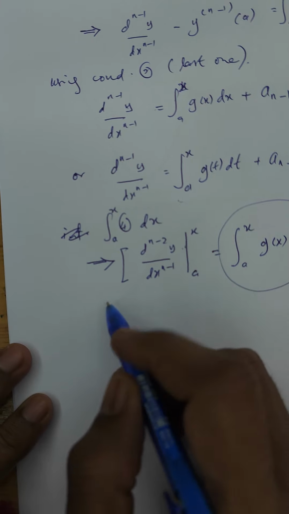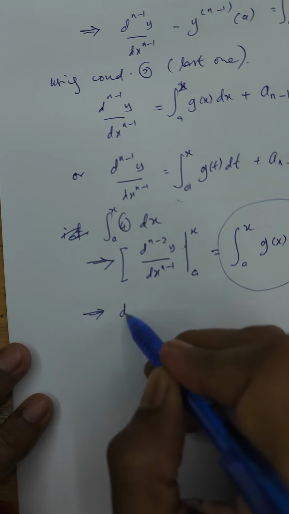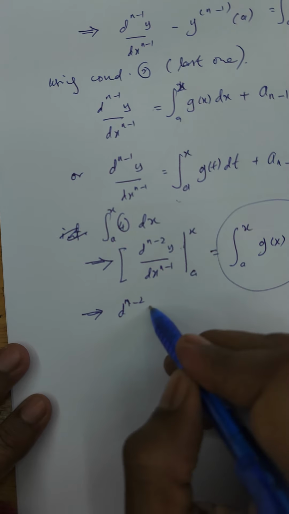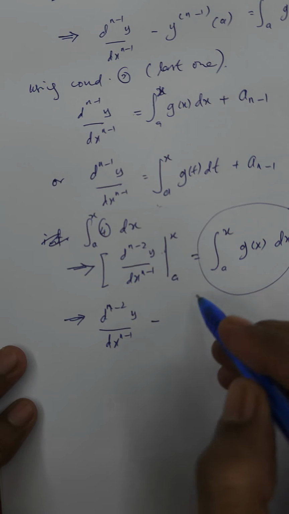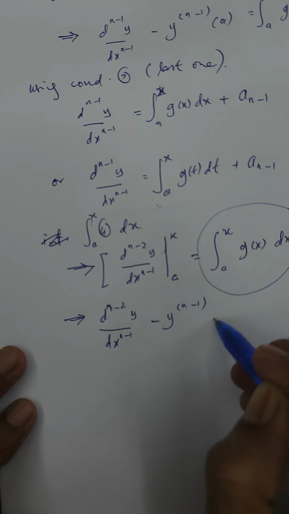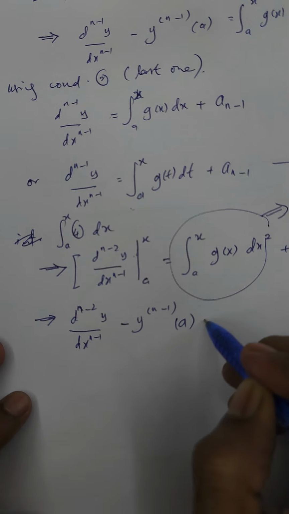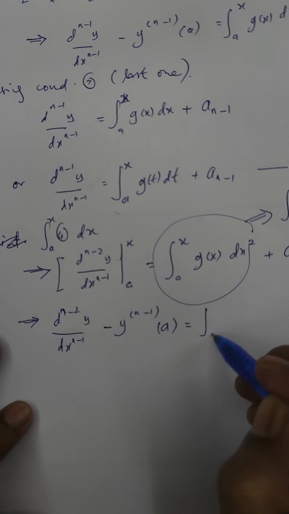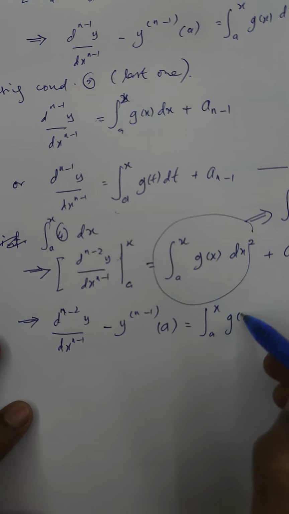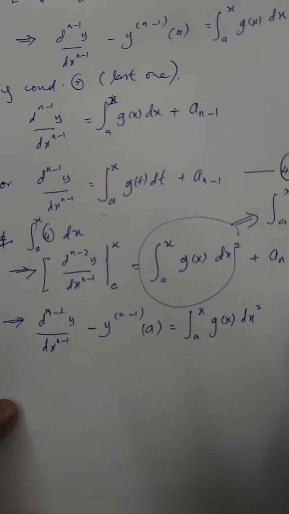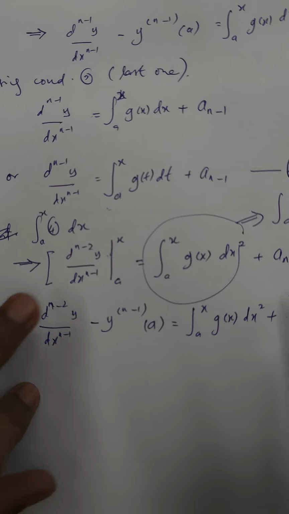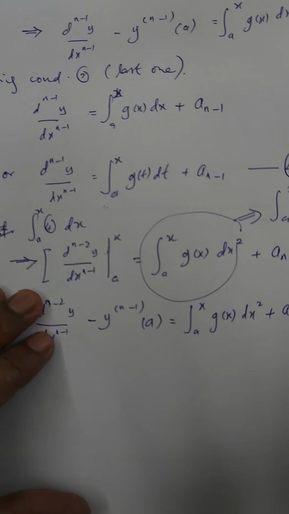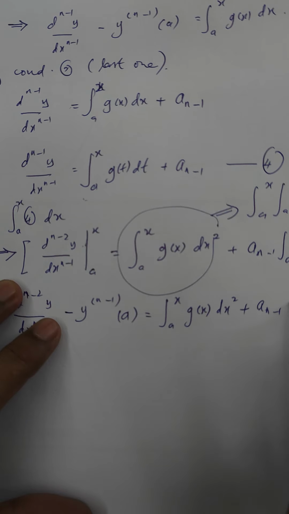So we have d^(n-2)y/dx^(n-1) minus y^(n-1)(a) equal to the integral from a to x of g(x) dx squared plus a_(n-1) x, and then we evaluate from a to x.